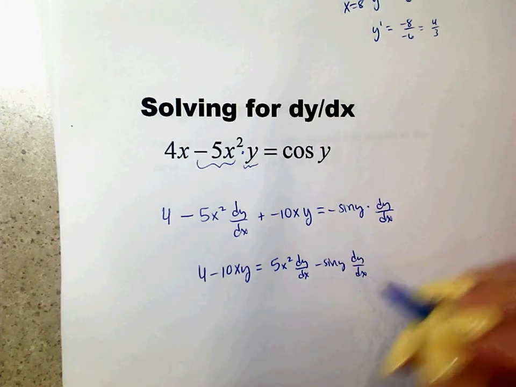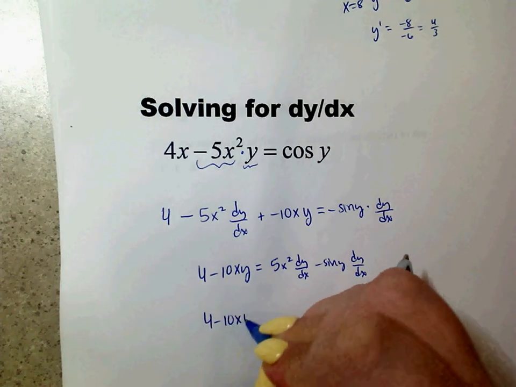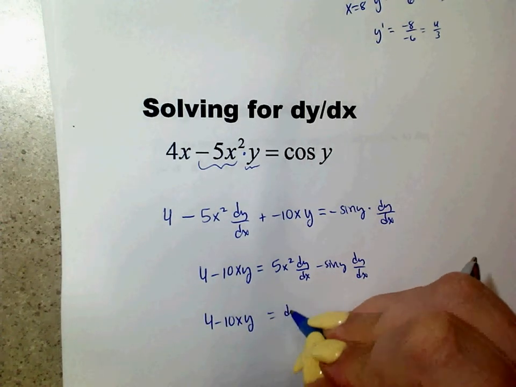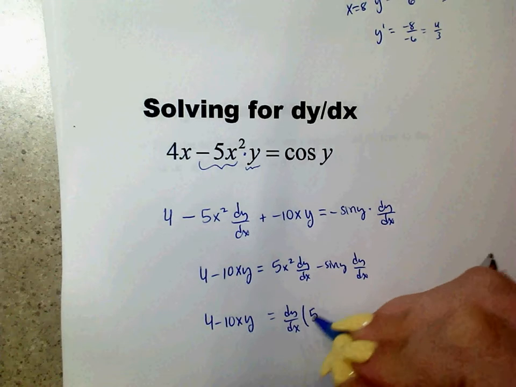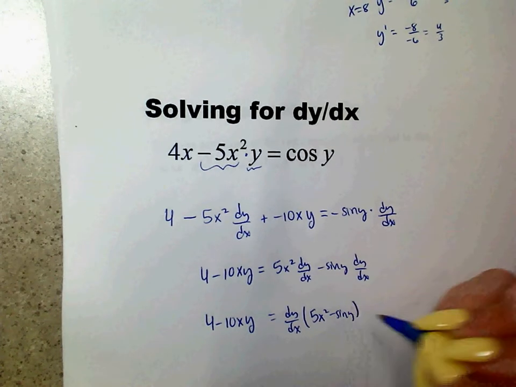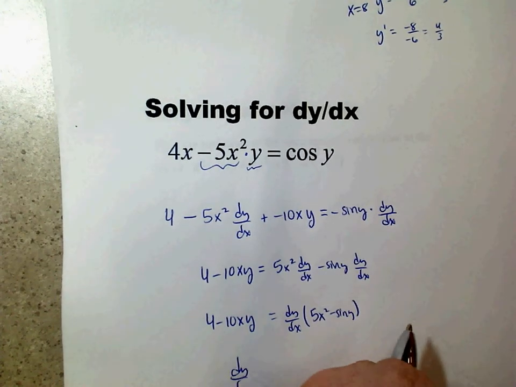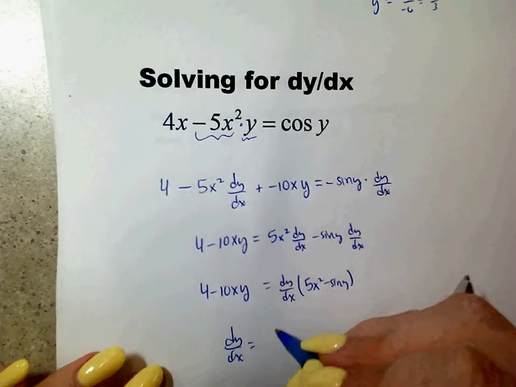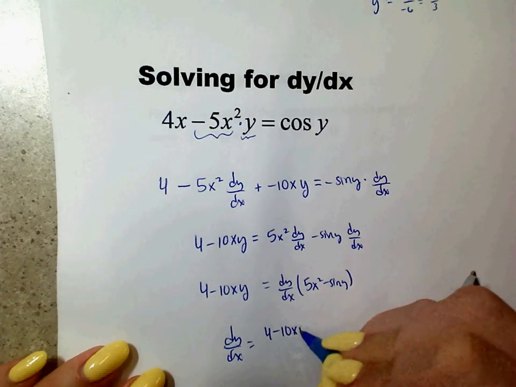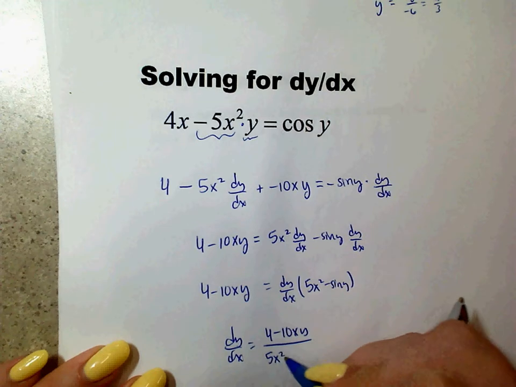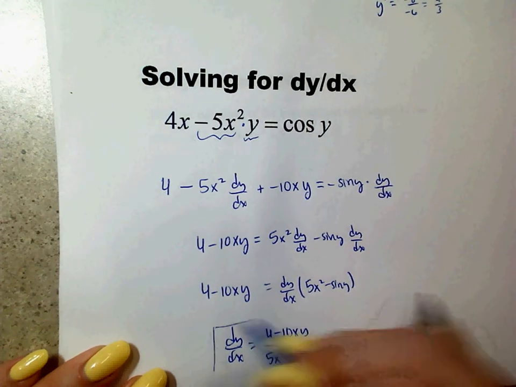So 4 minus 10xy, I'm going to factor out a dy dx, and I'm left with 5x squared minus sine y. And then I'm going to divide, so dy dx equals 4 minus 10xy divided by 5x squared minus sine y. And there's my derivative.